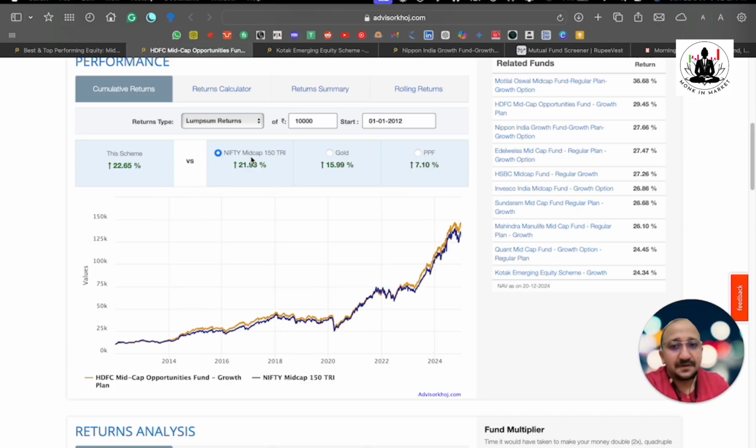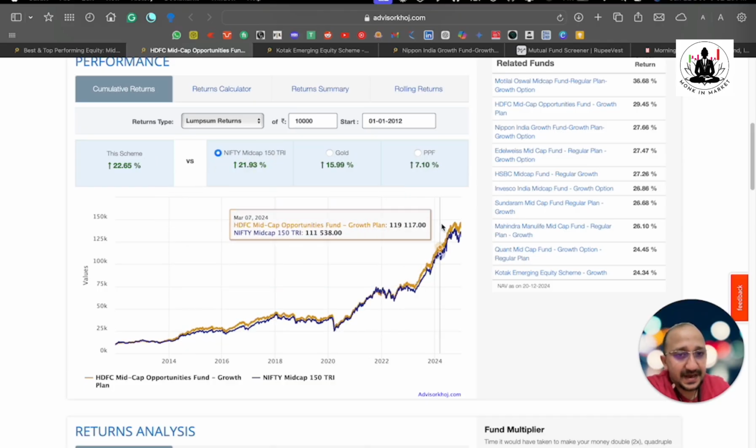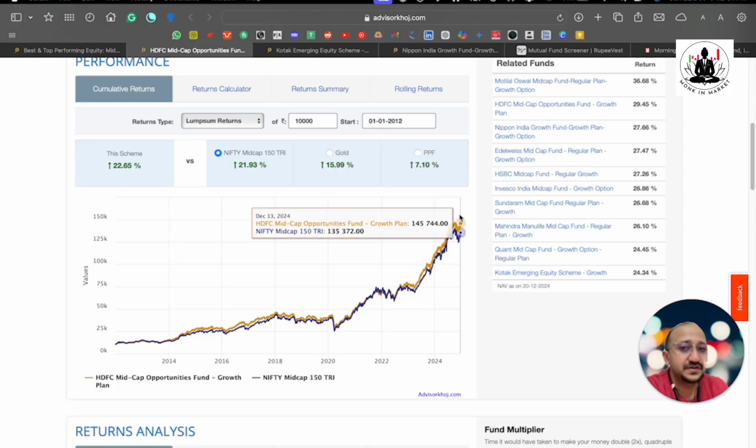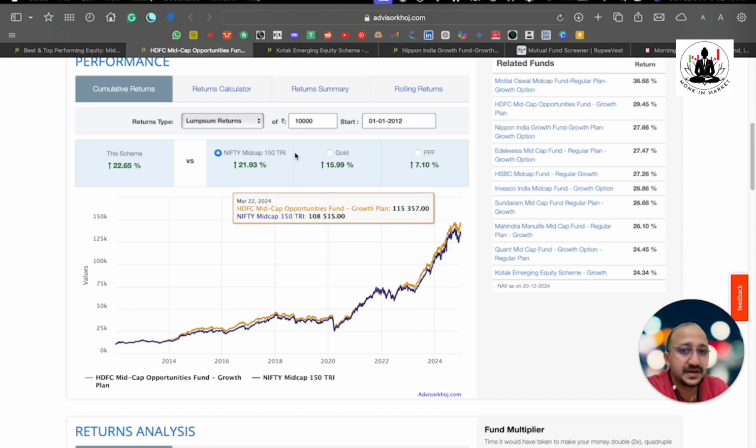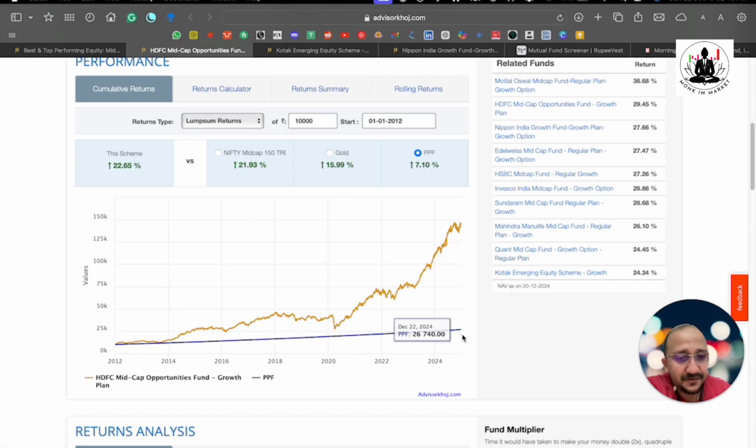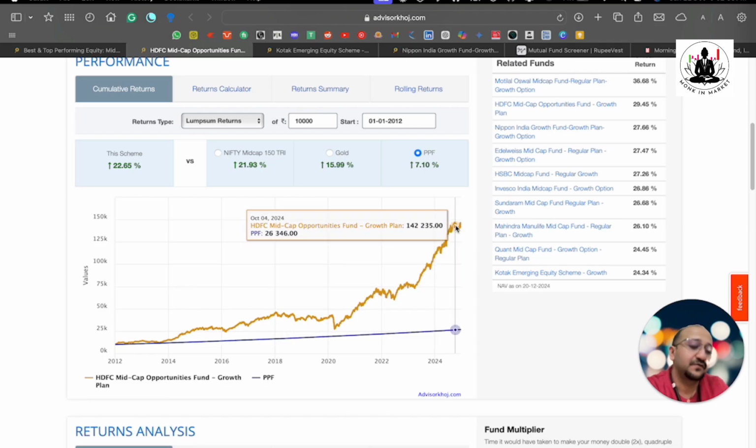Now, guys, if I compare it with this Nifty mid cap, today my money would have been 1,45,000. Just lump sum 10,000 rupees, today would have been 1,45,000. And if I compare it with PPF, so if I would have invested in PPF or FD or RD, my money would have been just 26,000, guys. Just see, 26,000 rupees. And in mutual fund, my money today is 1,43,000.